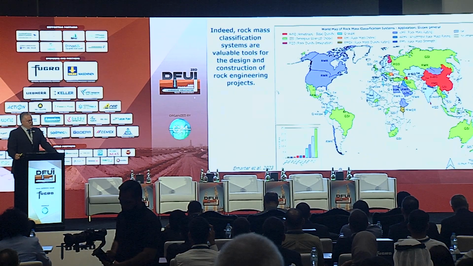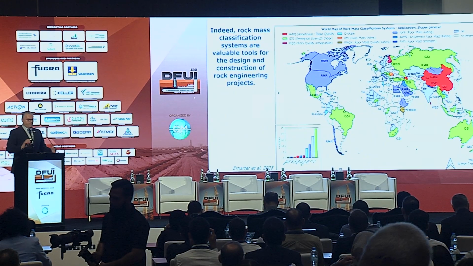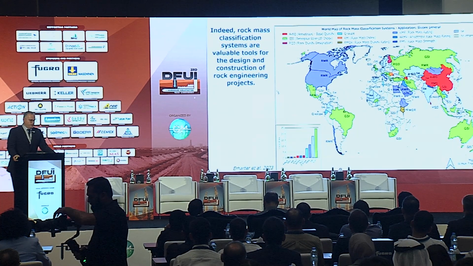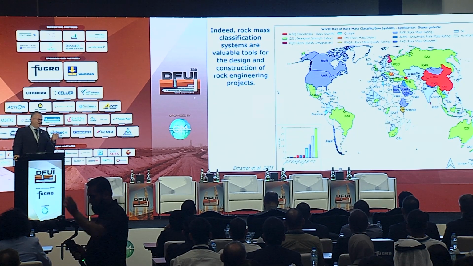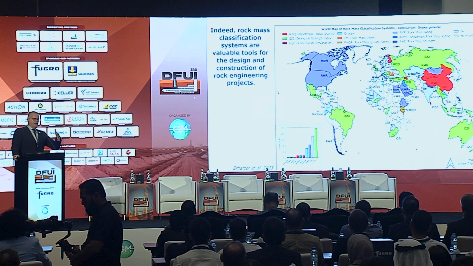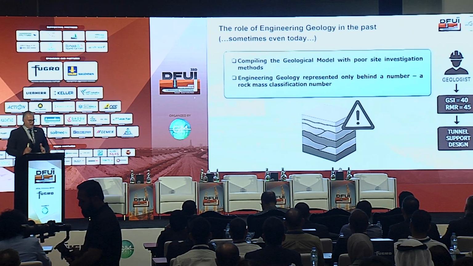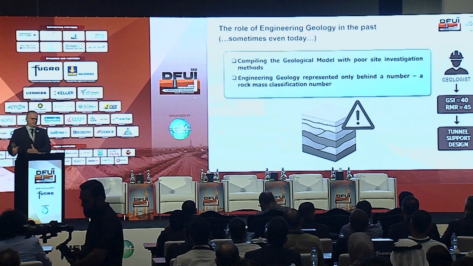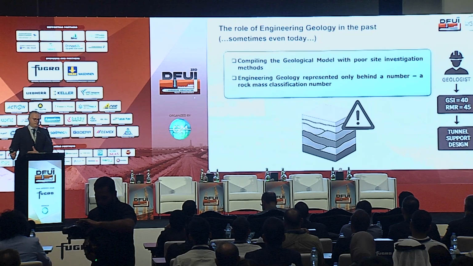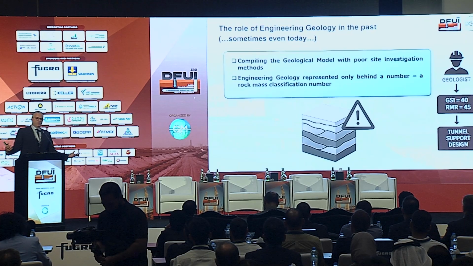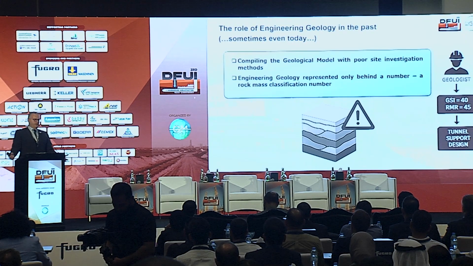This is a map of classifications for mining and rock slopes, but the issue is not to compete them and say which is best. We need to go back and see what we are asking from this number. We cannot hide all the information behind only one number.